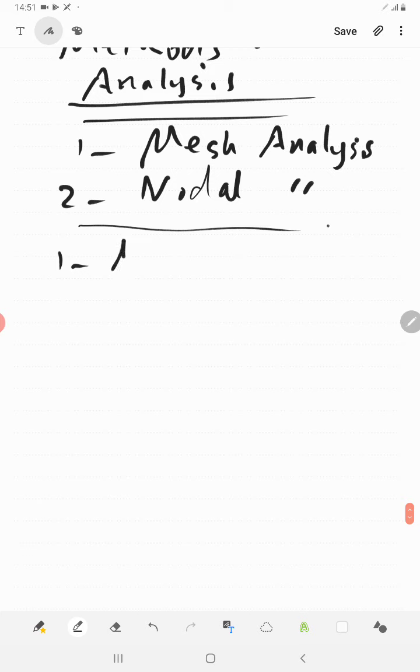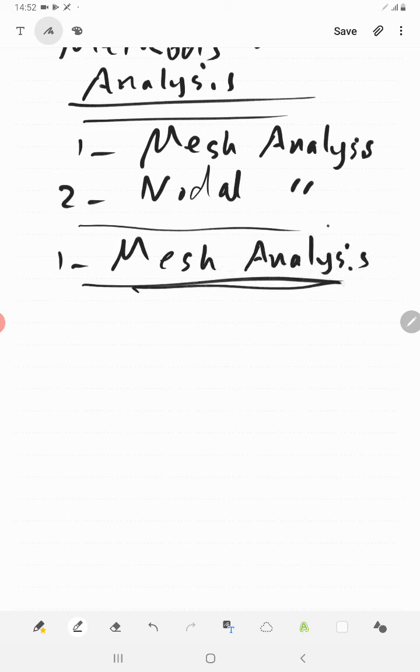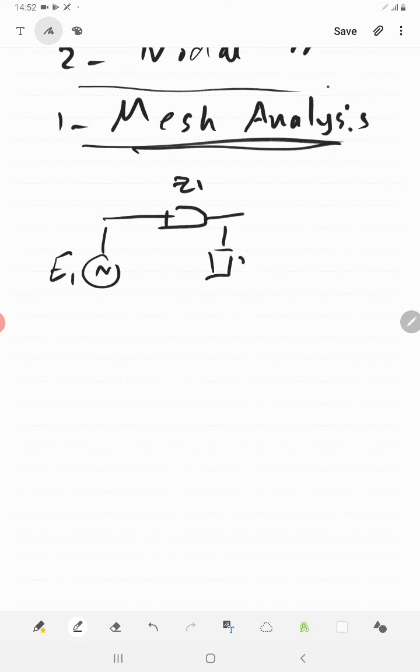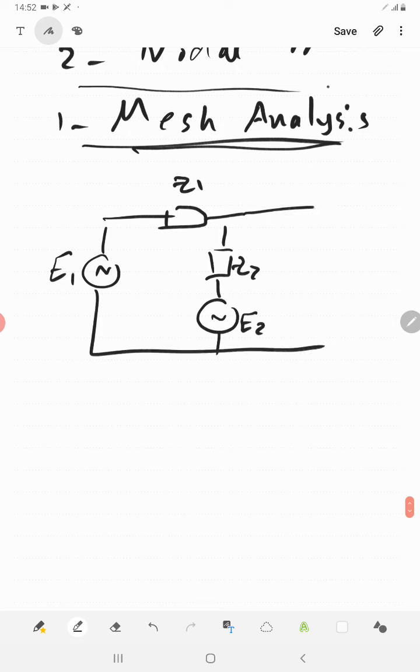So if we look at mesh analysis, okay? In mesh analysis, we have loop currents. Assume that we have E1 here, Z1 here, Z2 here, E2 here, and you may have, let's say, an impedance here, Z3, okay?